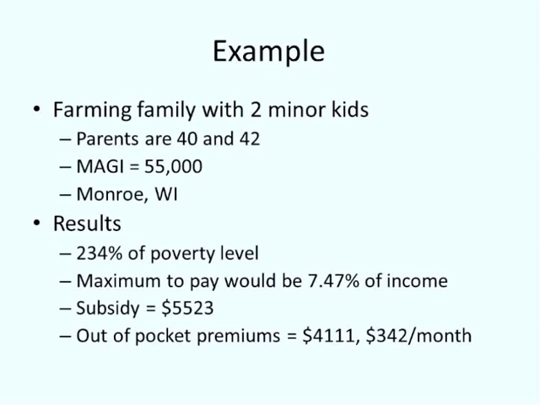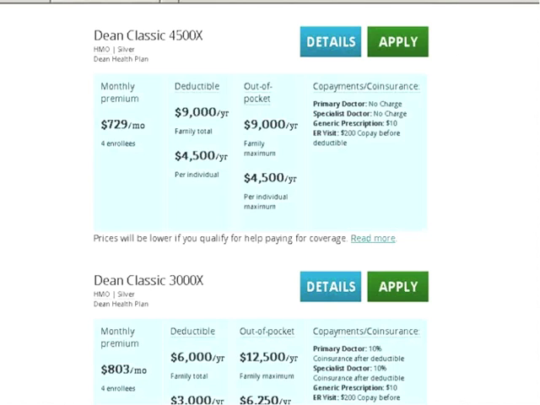So again, and I'm going to show you on the next slide, this is what the results look like that come through on the Kaiser Family Foundation calculator. This shows you some of the plans that are going to be available to you and what they're going to cost.